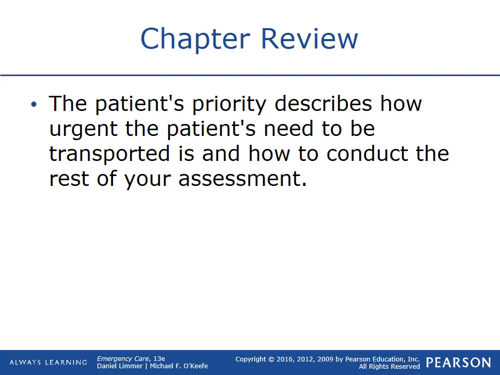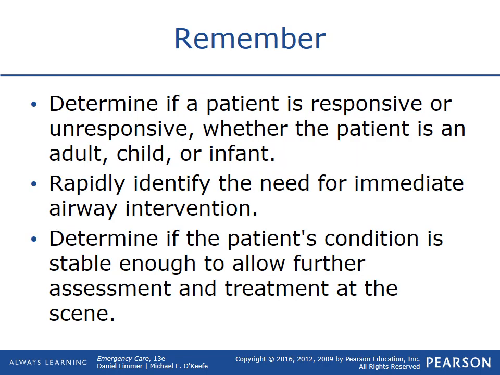The patient's priority describes how urgent the patient's need to be transported is and how to conduct the rest of your assessment. So remember, determine if a patient is responsive or unresponsive, whether the patient's an adult, child, or infant. Rapidly identify the need for immediate airway intervention. Determine if the patient's condition is stable enough to allow further assessment and treatment at the scene.